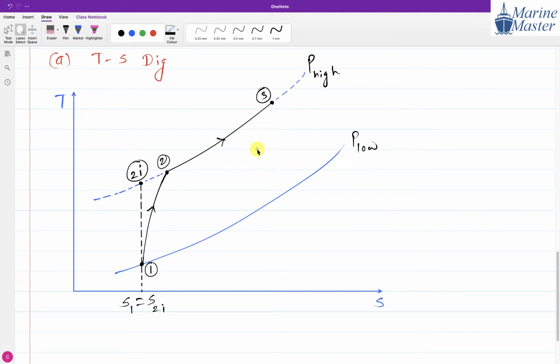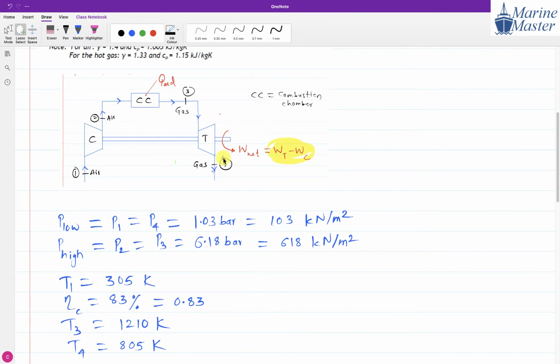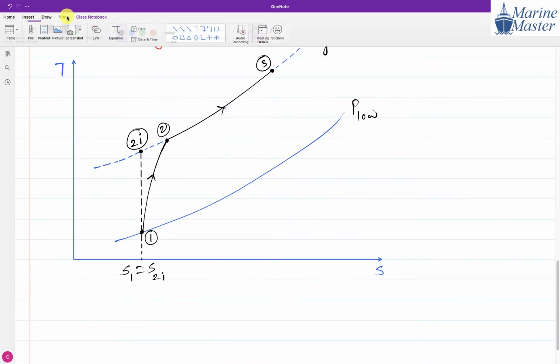Then the next thing is 3 to 4i. Ideally 3 to 4 will be isentropic, so we say 3 to 4i is isentropic expansion in the turbine. So here we will draw a straight vertical line.